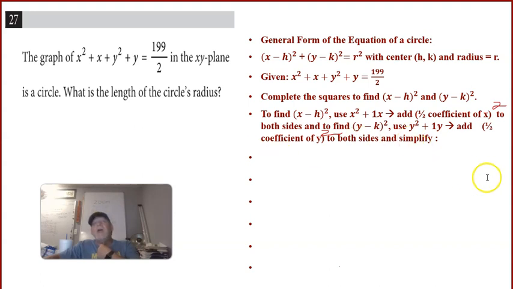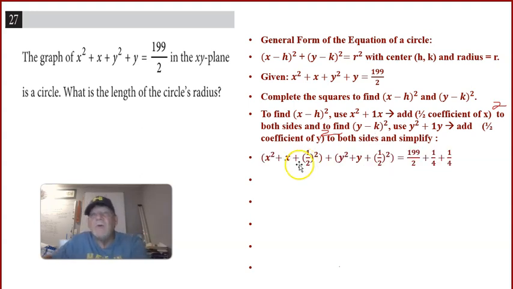And then we're going to add that to each of those. So what does that mean? I take my 1/2 and square it in order to be able to complete the square here. My 1/2 and square it in order to be able to complete the square there. 1/2 squared is 1/4, so I've got to add 1/4 to the right. And 1/2 squared is 1/4, so I have to add another 1/4.